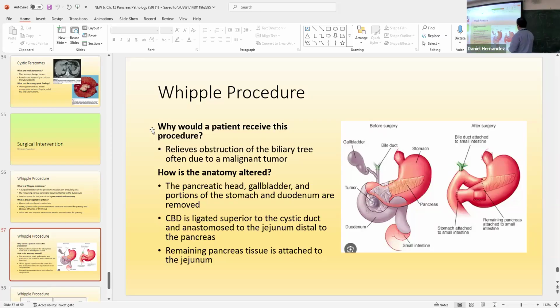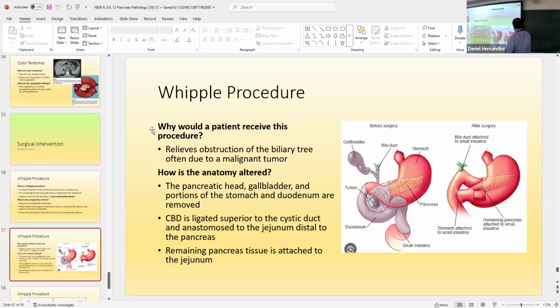So here we can see where they ligate this. The CBD is ligated, and they take the cystic duct and connect it directly into the jejunum, that proximal part of the intestine.